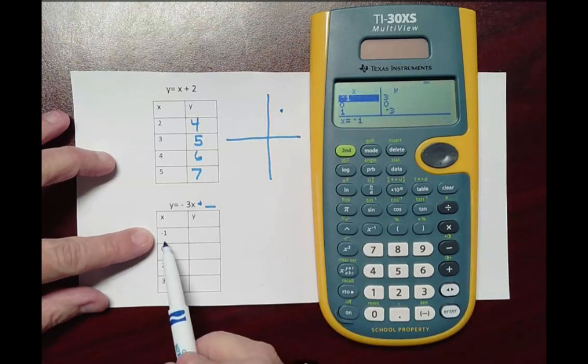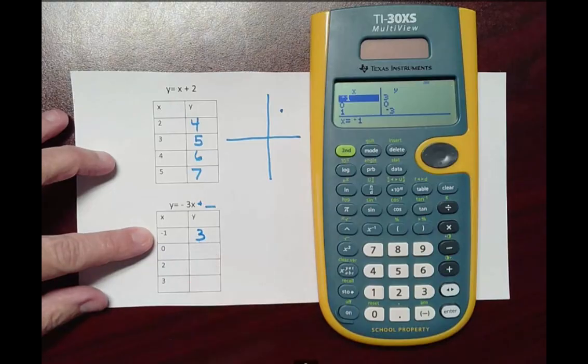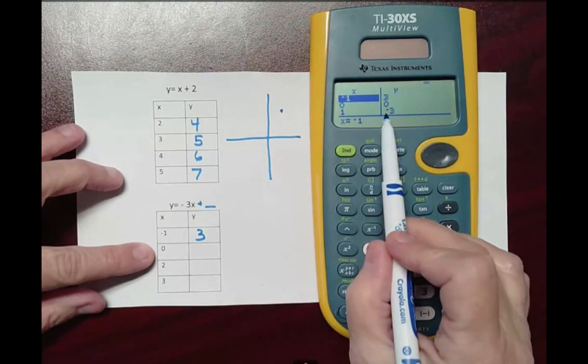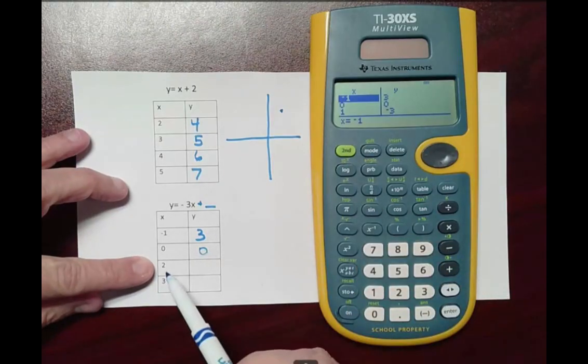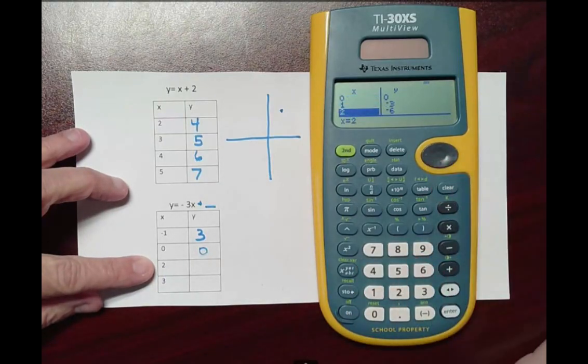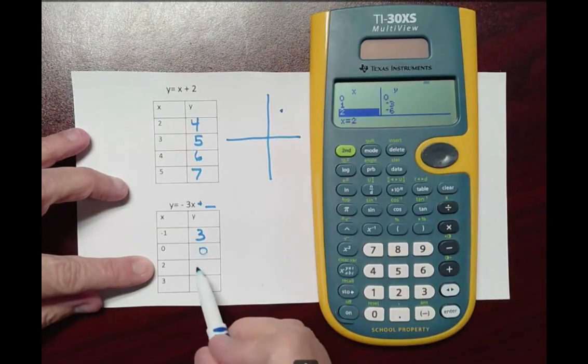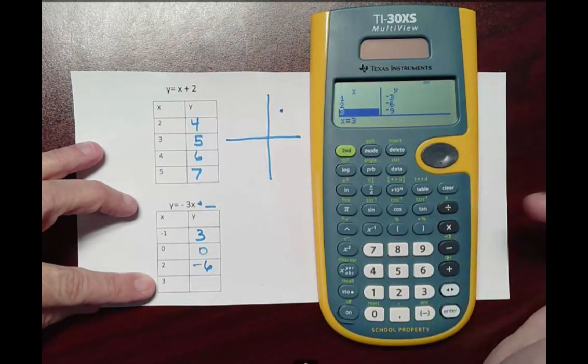And when x is negative 1, y is 3. When x is 0, y is 0. When x is 2, which is the next one on my list, I have to scroll down. 2, y is negative 6. And when it's 3, it is negative 9.